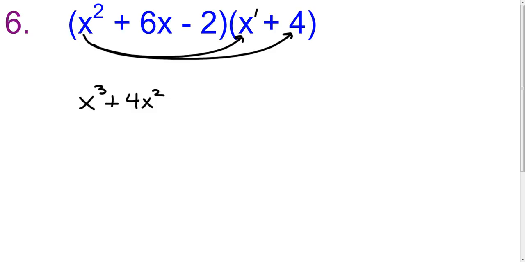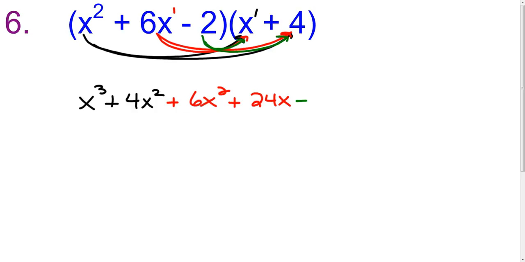And then you take the 6x and you distribute it through. So 6x times 1x would be 6x squared. Again, there's a 1 up there. And then 6x times 4 would be 24x. And then lastly, I will take the negative 2 and distribute it through.